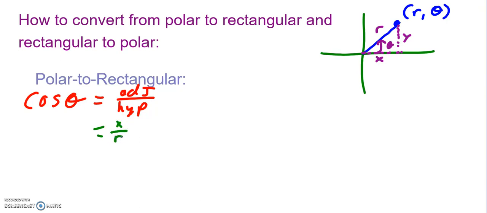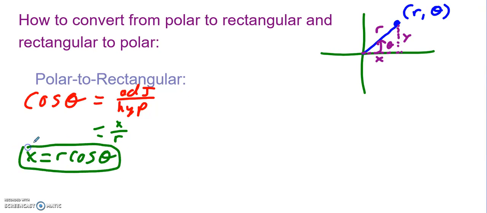So my conversion then, I can say that x equals r cosine theta. Now, it should make sense then that y equals r sine theta.